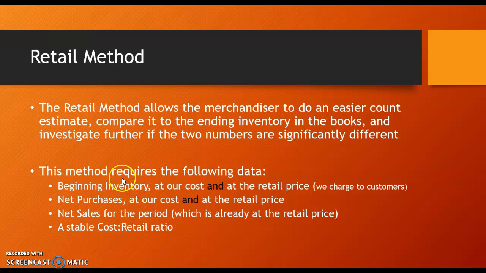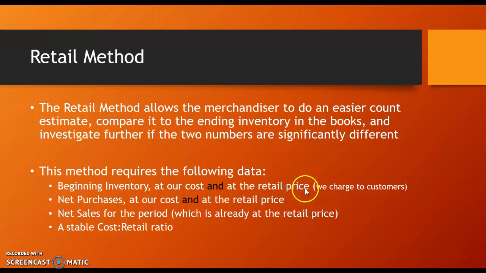Okay, and so this method requires the following data. It requires our beginning inventory at our cost and at the retail price, which of course is the price we charge to customers. So the cost is the LIFO-FIFO cost that we calculated. We need that for beginning inventory.